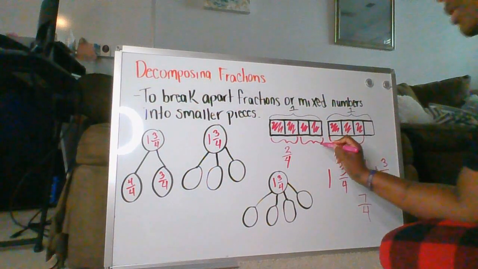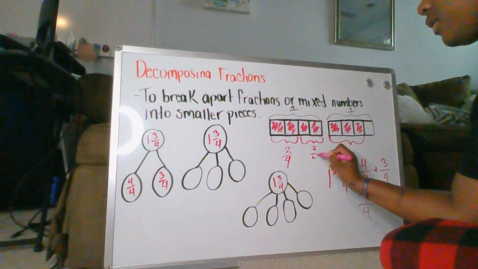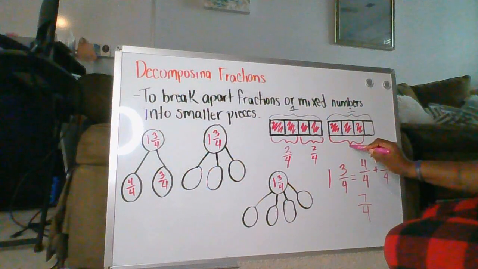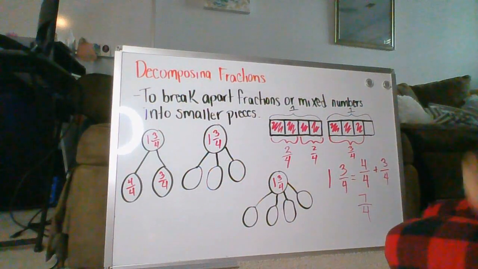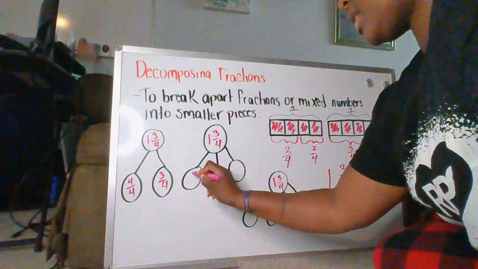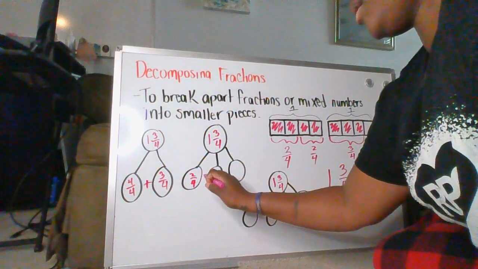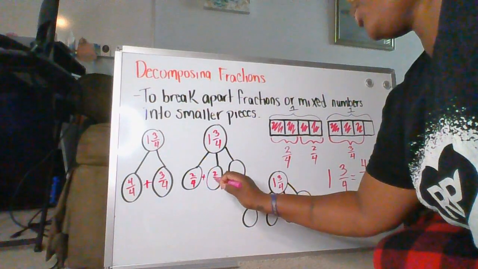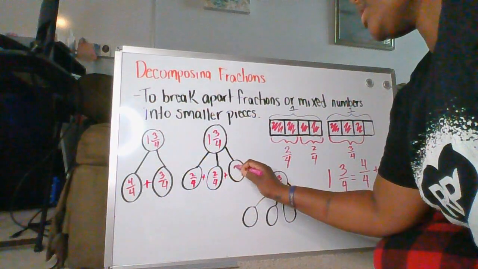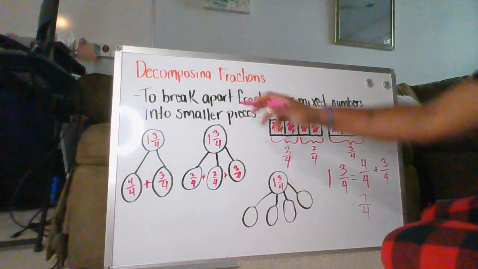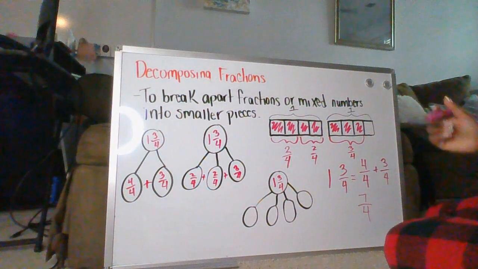This is also representing 2/4. And then we still have our 3/4. So then we go over here and we say 2/4 plus 2/4 plus 3/4 equals 1 3/4.